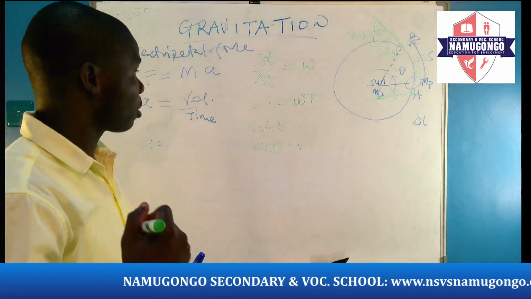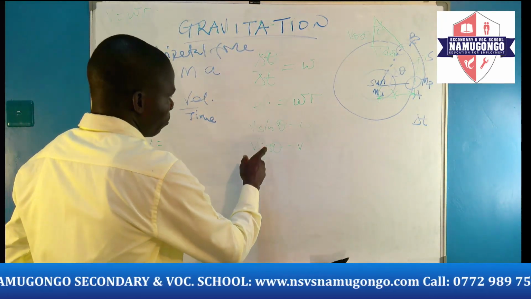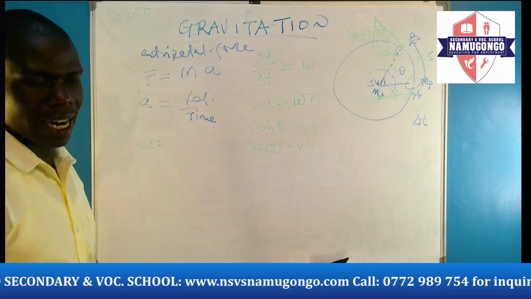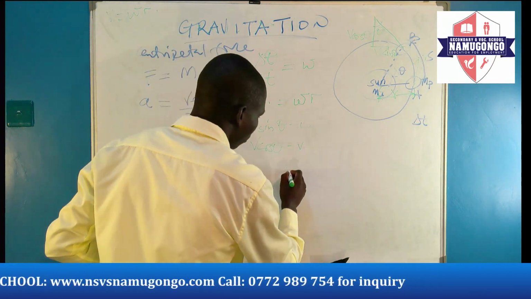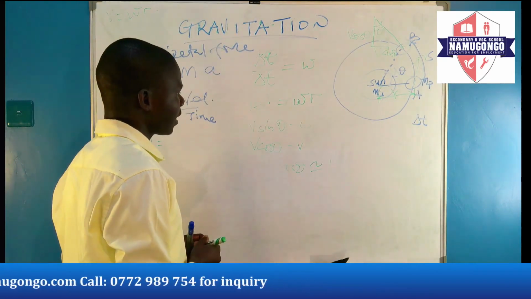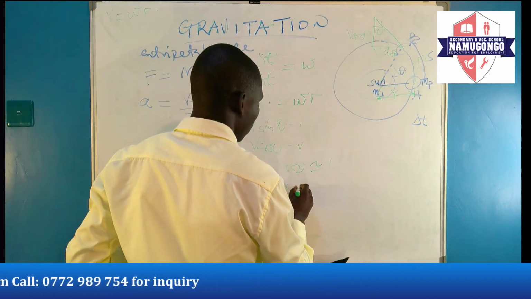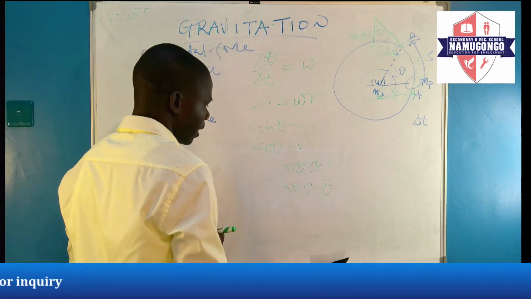But for small angles in radians, cosine theta is approximately equal to 1, and sine theta is approximately equal to theta.